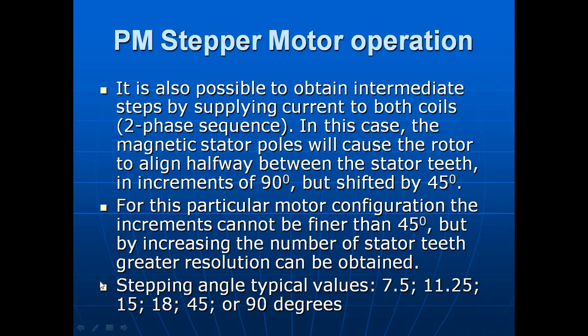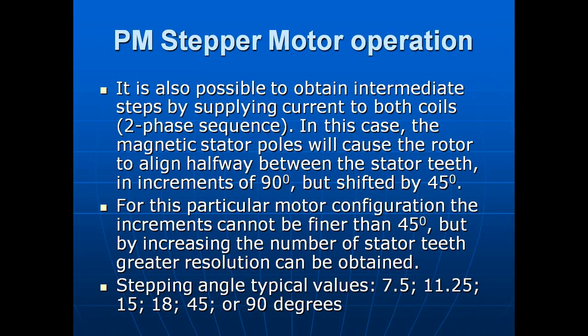It is also possible to obtain intermediate steps by supplying current to both coils in a two-phase sequence. In this case, the magnetic stator poles will cause the rotor to align halfway between the stator teeth, in increments of 90 degrees but shifted by 45 degrees.